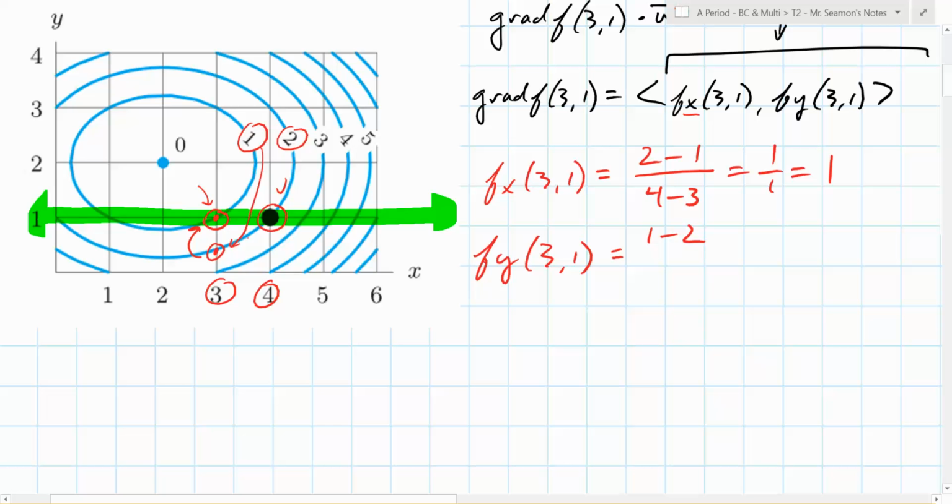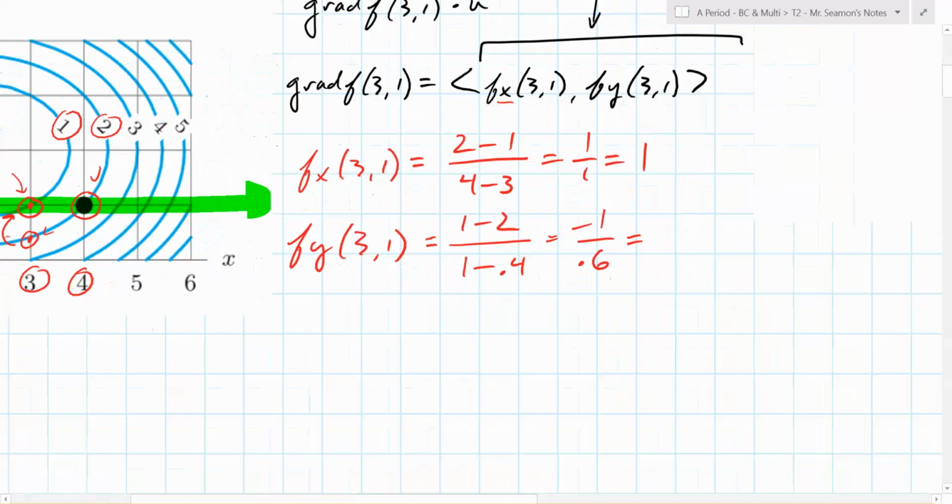Is everybody with me on the outputs of those? But then they have to estimate the bottom part. They estimate it as 1 minus 0.4 or something like that. When I say 0.4, they're estimating what this x value is. So then they get negative 1 over 0.6, like negative 1.67, depending on how you round it.